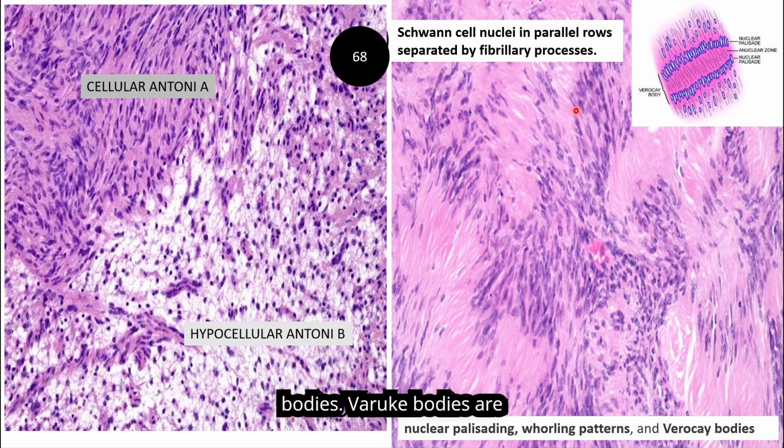So Verocay bodies are characterized by nuclear palisading like this, and their process of cell cytoplasm make a clear zone or anuclear zone. So this is called Verocay body, and this is the slide of schwannoma showing the multiple Verocay bodies, Antoni A area, Antoni B area.